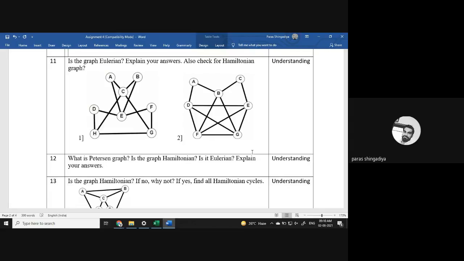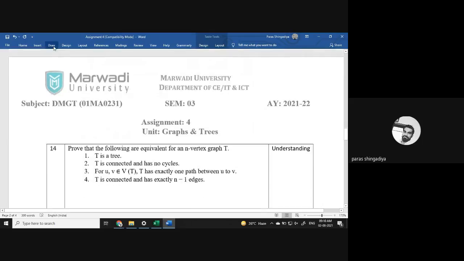And then check for Hamiltonian: if you can find a circuit which covers every vertex exactly one time, then it is known as a Hamiltonian graph. As we discussed in the lecture, a Peterson graph is neither Euler nor Hamiltonian.